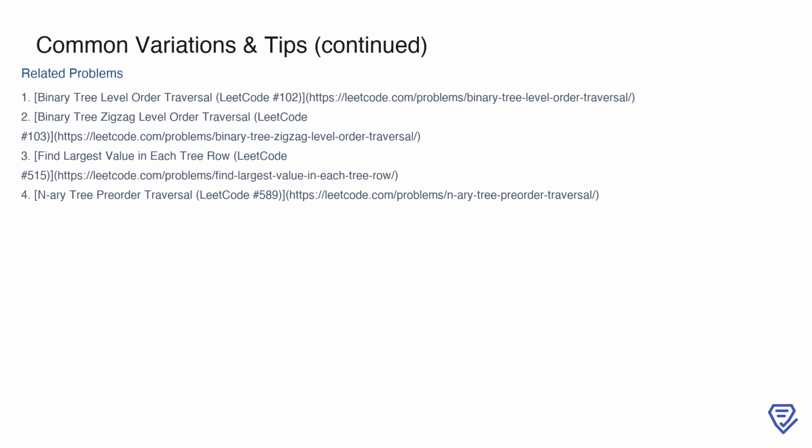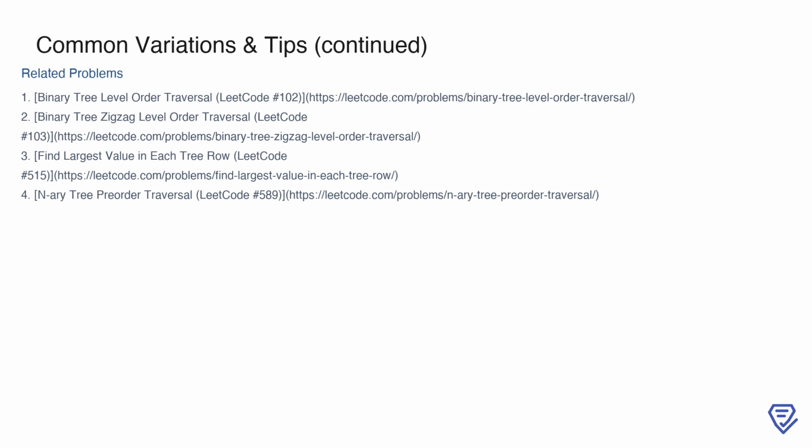Another interesting problem is find largest value in each tree row, problem number 515, which builds on level order traversal to identify the maximum value at each level. Additionally, N-ary tree pre-order traversal, problem number 589, focuses on a different type of traversal but helps you understand tree structures and traversal mechanics more broadly.